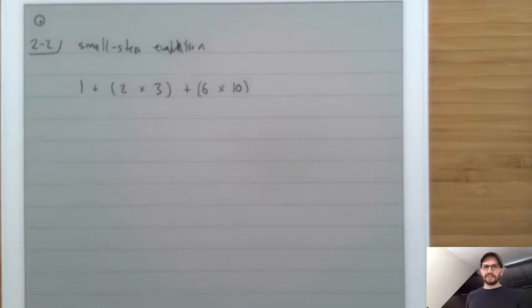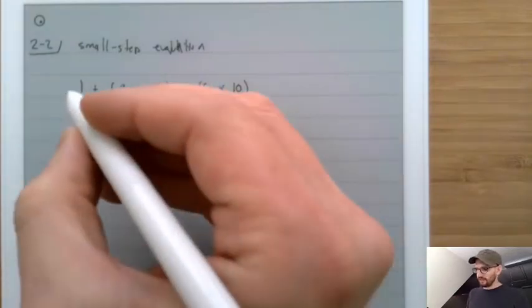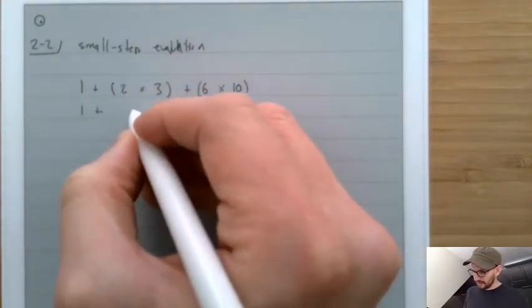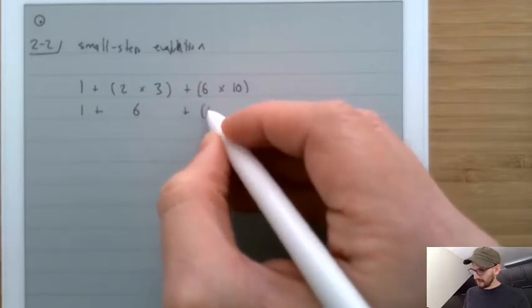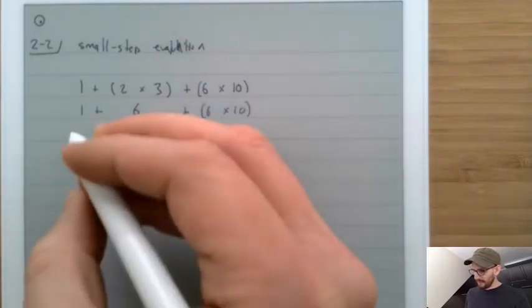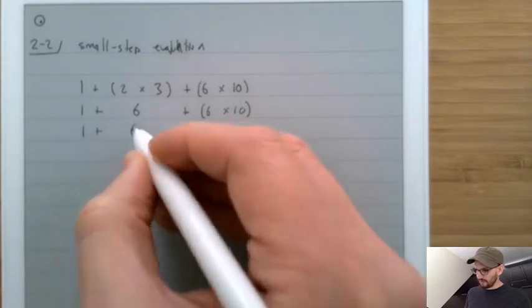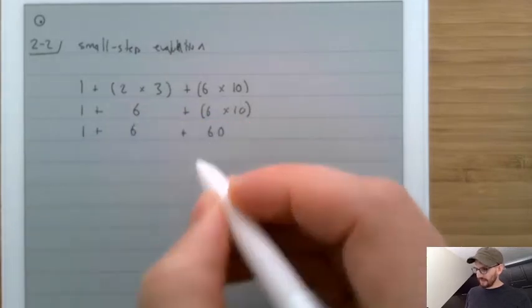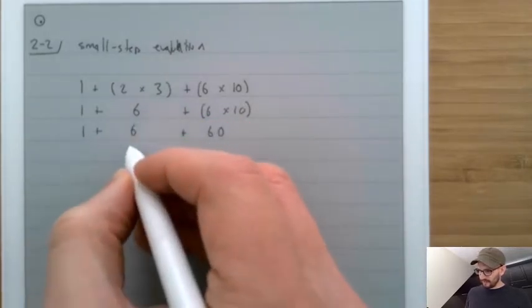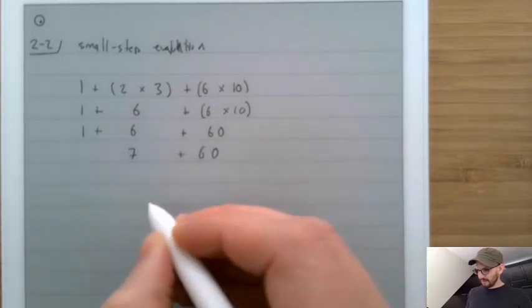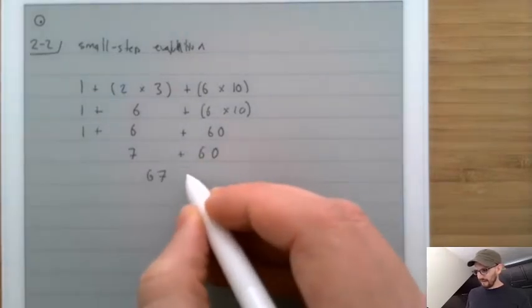And what they're going to do is they're going to say, aha, well, the first thing that I do is I turn this into 1 plus 6 times 10. Then I'm going to turn that into 1 plus 6 plus 60. Then I'm going to turn that into 7 plus 60. Then I'm going to turn that into 67, and that's the answer.